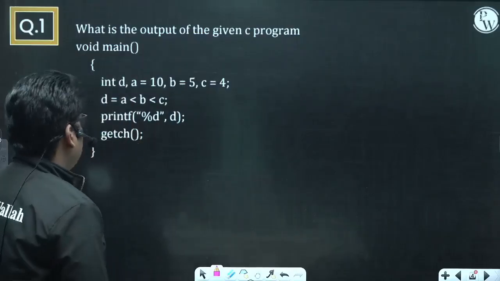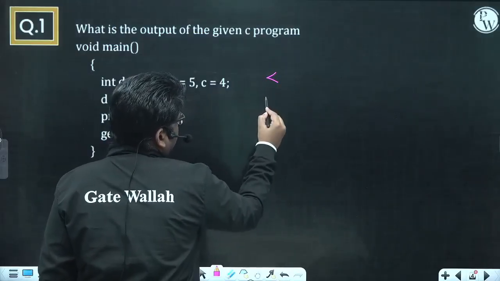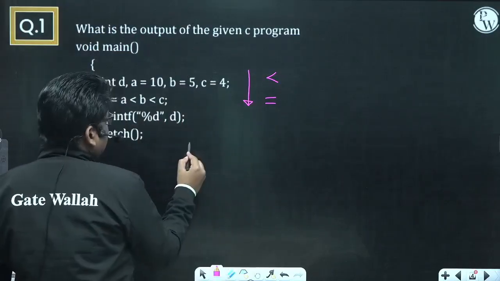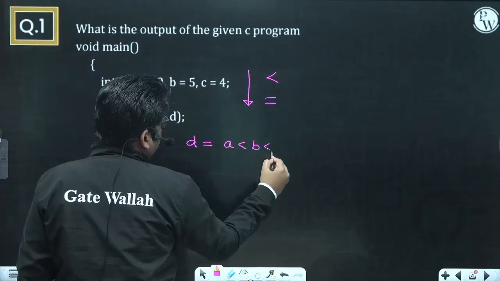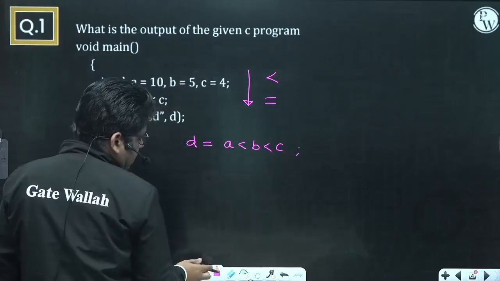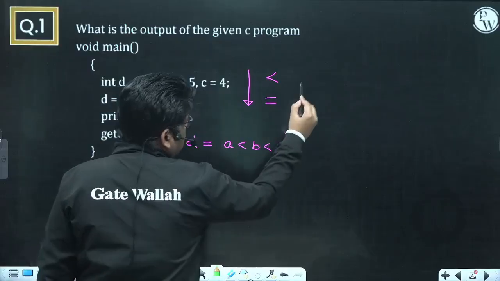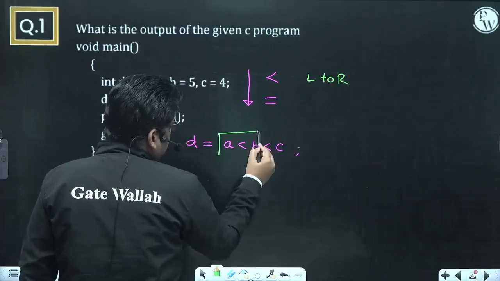Sir, we know that the priority of the relational operator is higher compared to the equal to operator. That means the relational operator must be evaluated first. We have two relational operators. Because the associativity is from left to right, this one will be evaluated first.